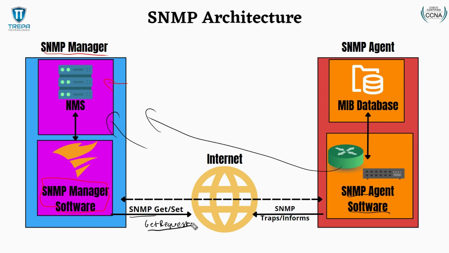What it's going to do is look into that GET request, and in that GET request, there's going to be something that says, hey, I want to pull your interface delay. Just as an example. And that interface delay is going to have an object identifier that this NMS pulled from its MIB or from a MIB database.